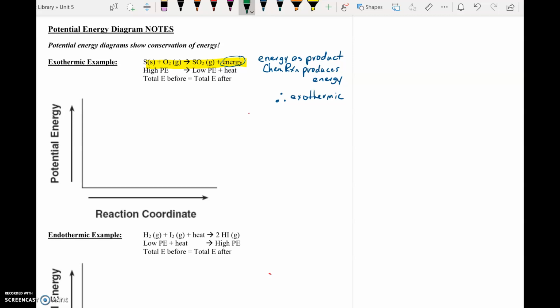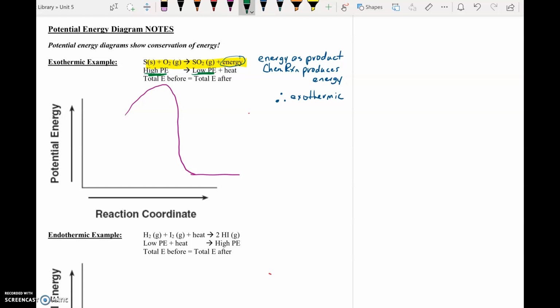It says right here that it goes from high potential energy to low potential energy plus heat. So I'm going to draw it for you here in purple. I'm going to start high and then end low. I draw the activation energy and then the energy given off, and then I connect the reactants to the products.